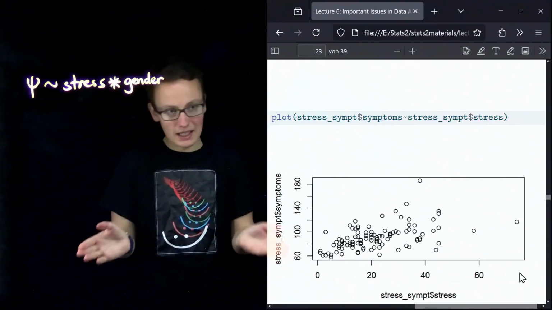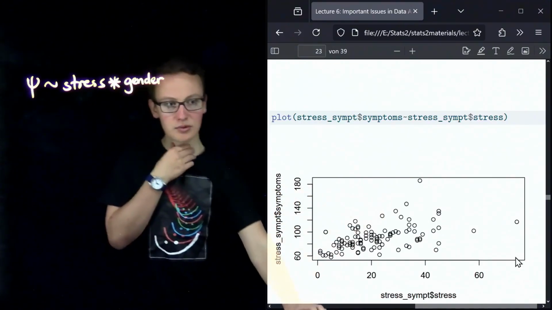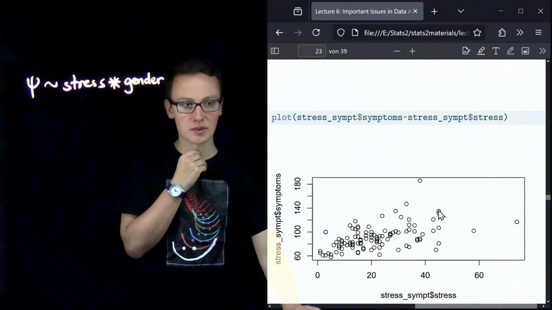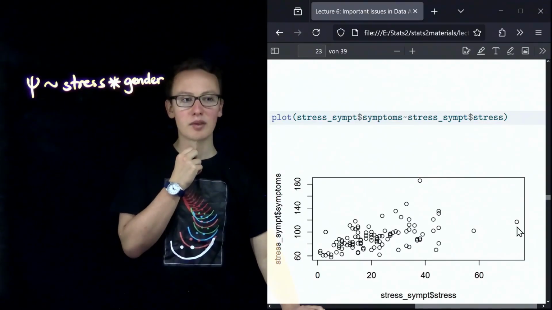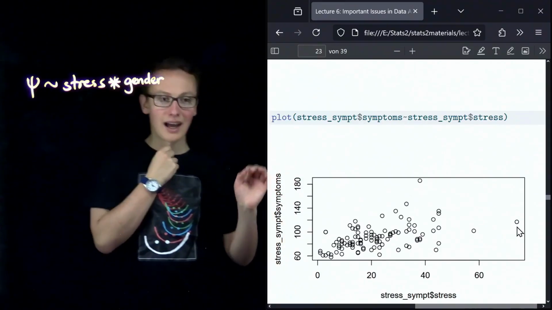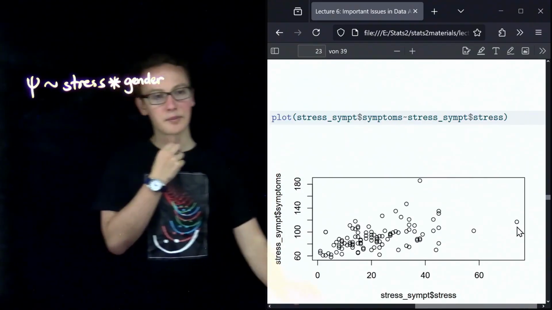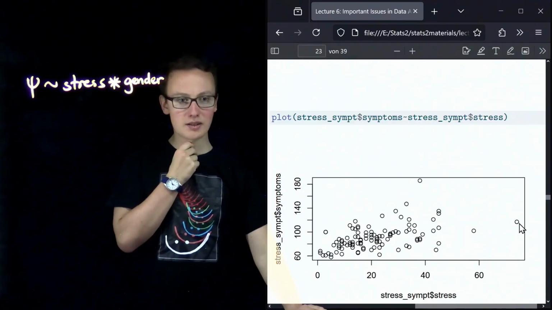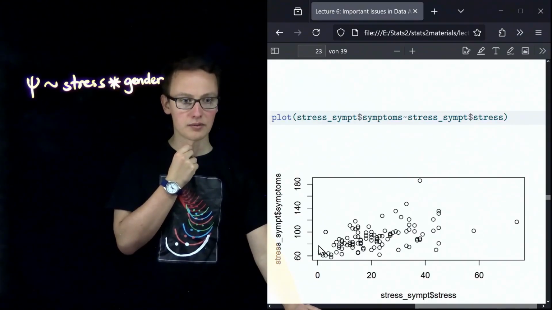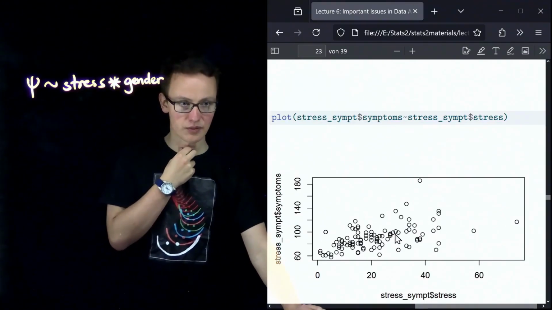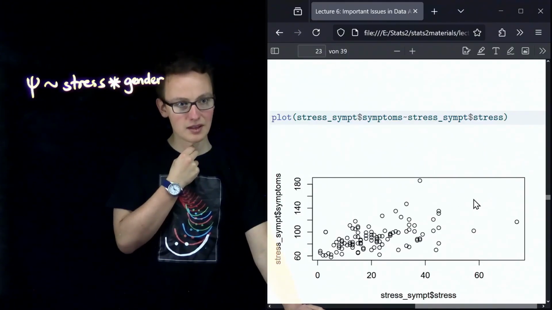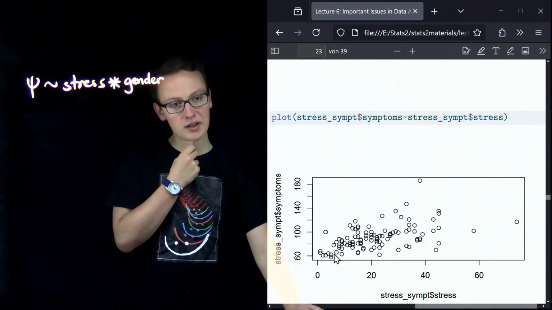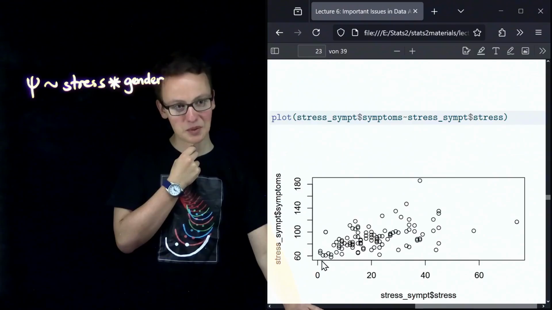But even if it did, the problem is that even if this is a true, genuinely interesting data point, and this one also, and this one also, the fact that we have this one highly extreme data point will heavily skew our best fitting line for the linear regression. Because if we imagine the best fitting line, we can see that if we discard this point, it will look somewhat like this, like I'm doing with my cursor right now.